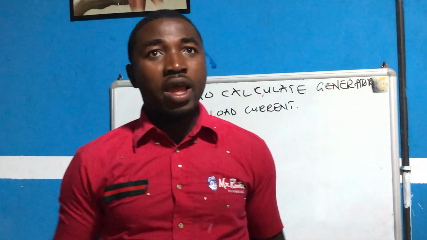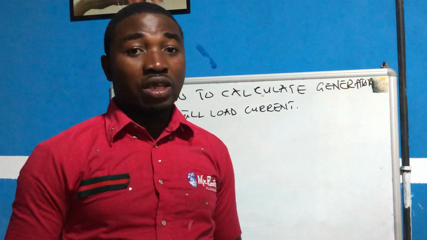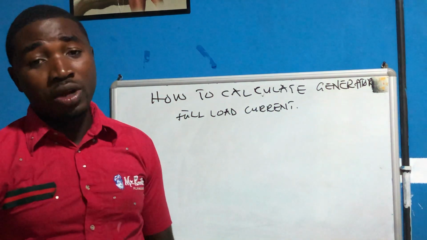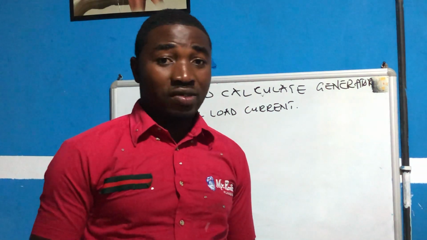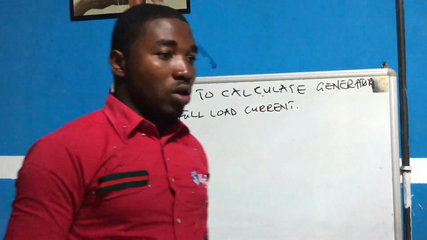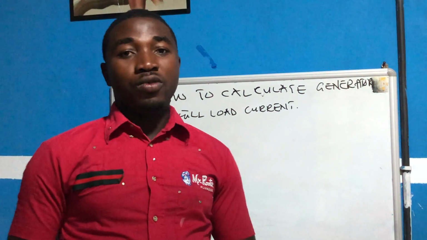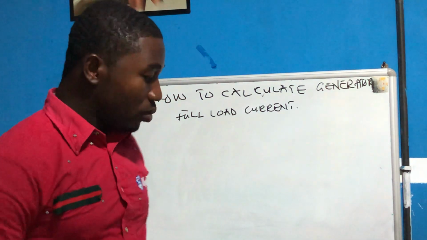So it is necessary for us to know how to calculate the full load current of a generator. There are a lot of reasons, but I'm only giving these 2 points to equip and aid us to do our best to calculate the full load current of a generator.